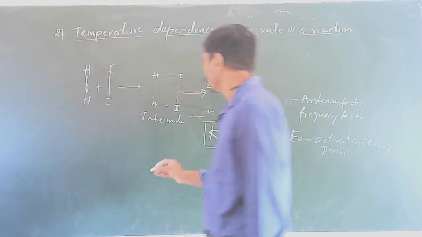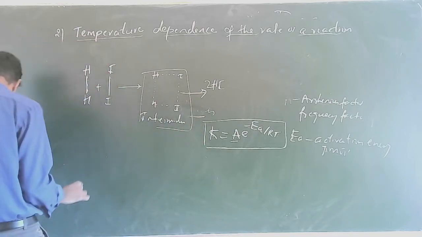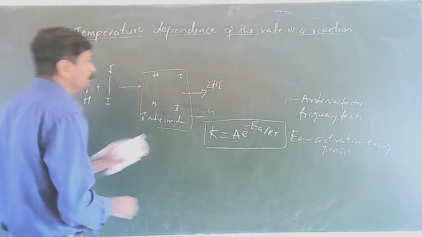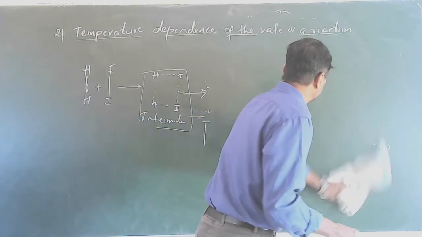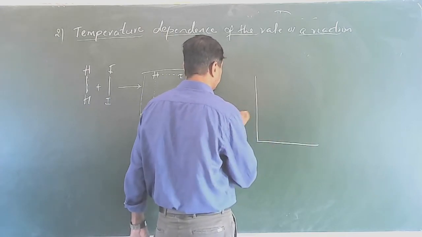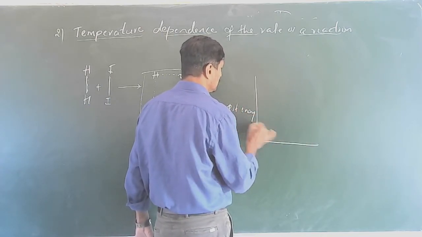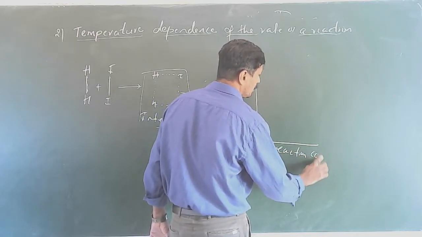The energy required to form this intermediate can be explained by a graph. The y-axis is the potential energy and the x-axis is the reaction coordinate.